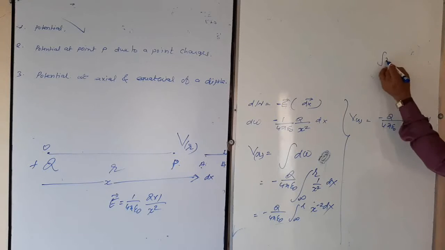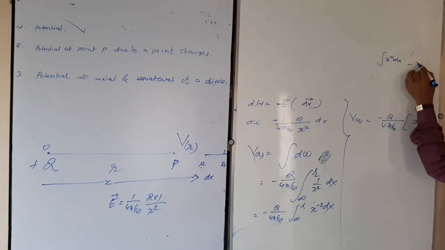by the formula for x^n dx, the power increases by 1 and is divided by n plus 1.